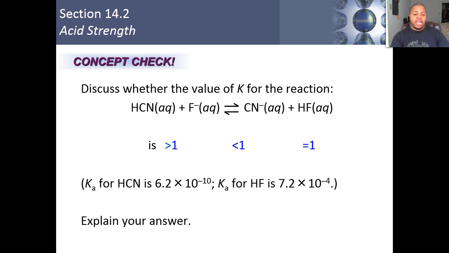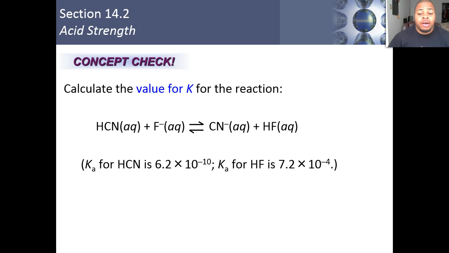Well, we have a Ka value for HCN, which is my reactant in this case, of 6.2 times 10 to the negative 10, and for HF, hydrofluoric acid, which is on our product side, of 7.2 times 10 to the negative 4. This means that the HF is what's going to dissociate more often. That being the case, our ratio between the two is going to end up being less than 1.